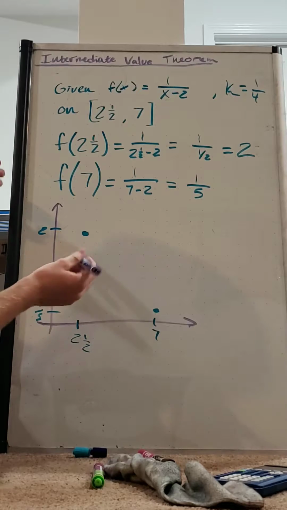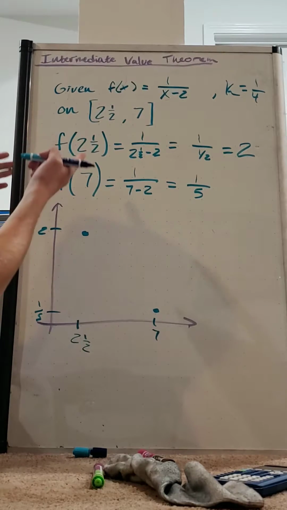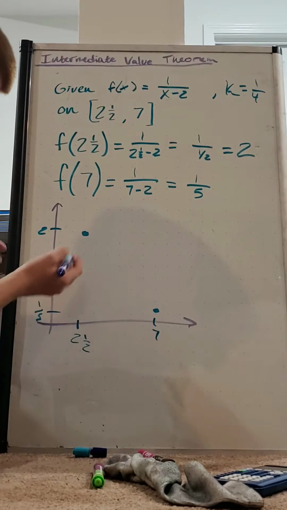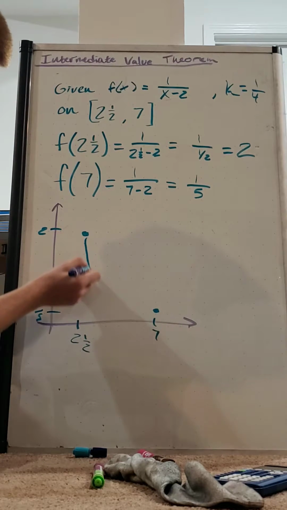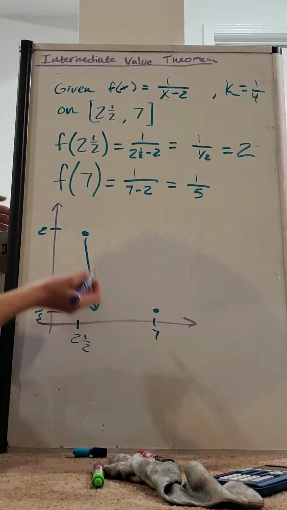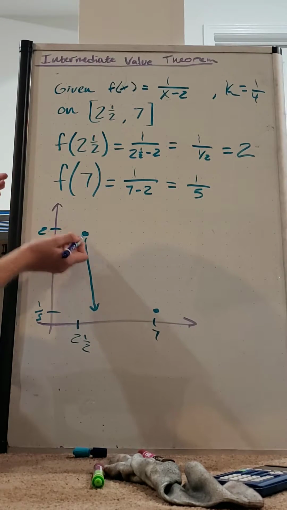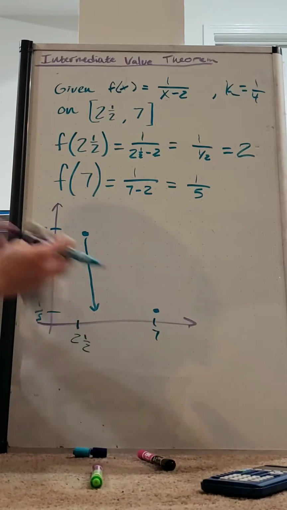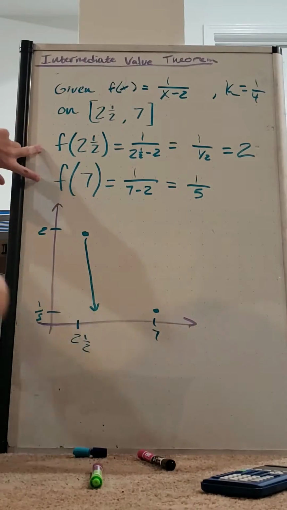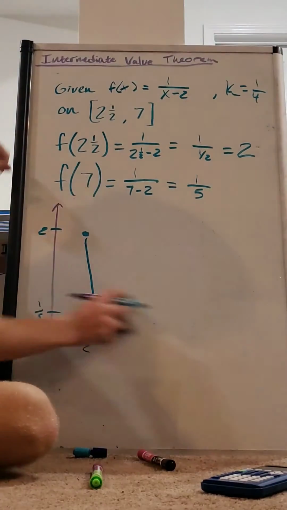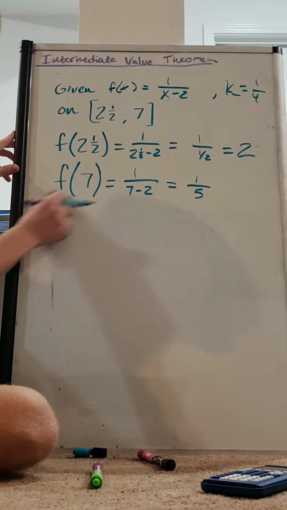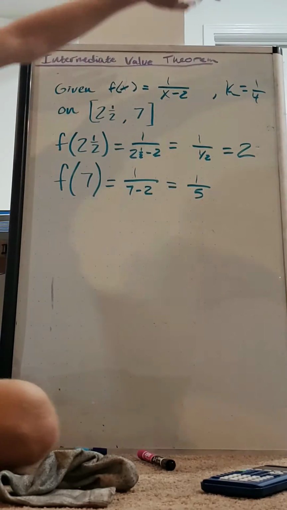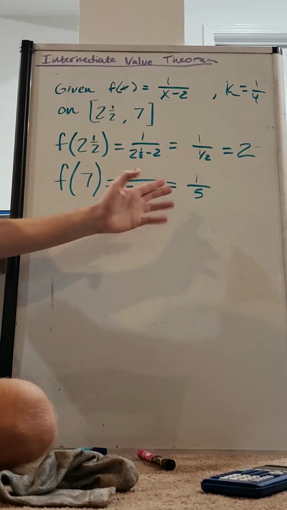So we know by the intermediate value theorem, if this is continuous on this interval, which it is, every value from here to here is guaranteed to be accounted for on this interval. So the reason why we check the endpoints is to decide if this is accounted for by the intermediate value theorem. And it is, because 1/4 is between 2 and 1/5.